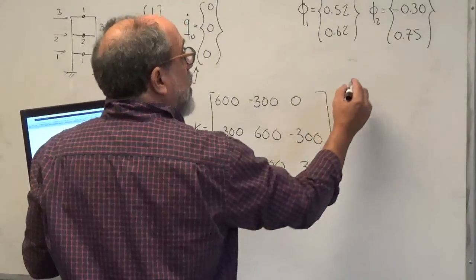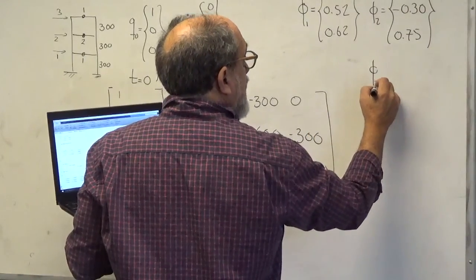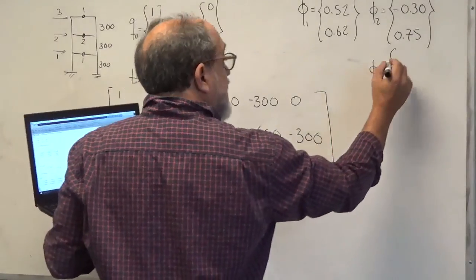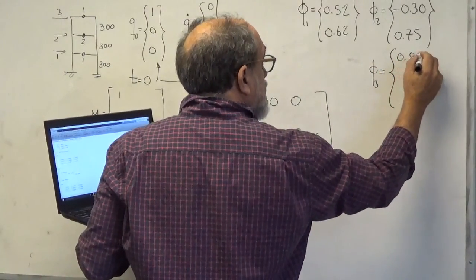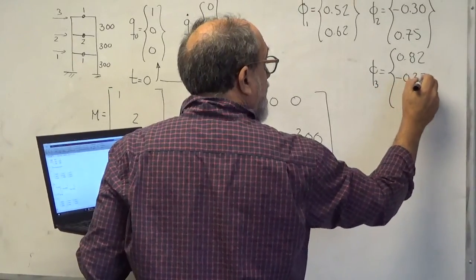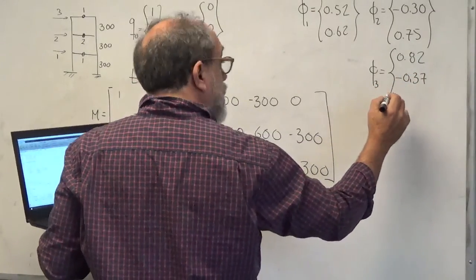Okay, the third mode is 0.82, minus 0.37, and 0.25.